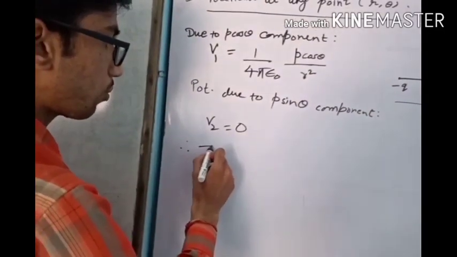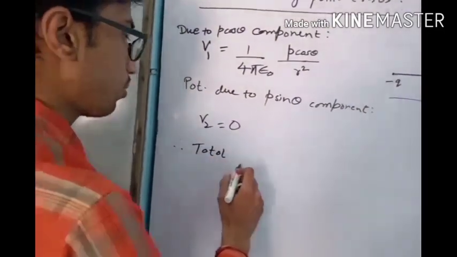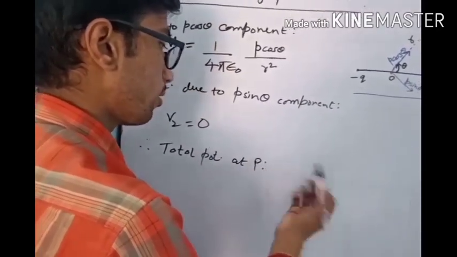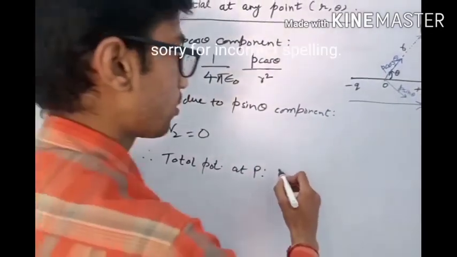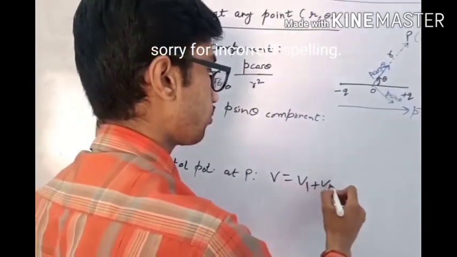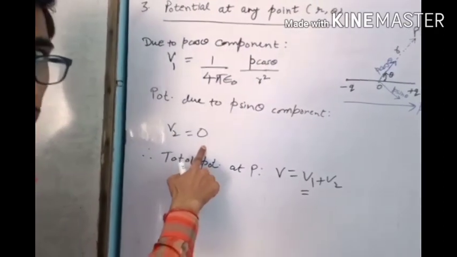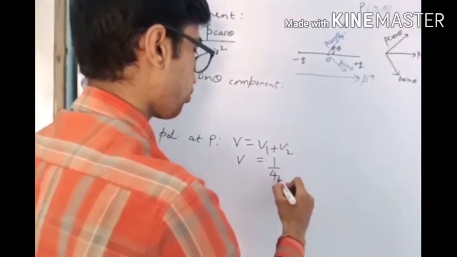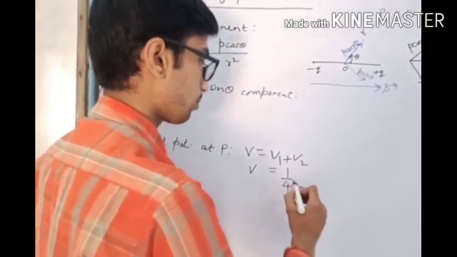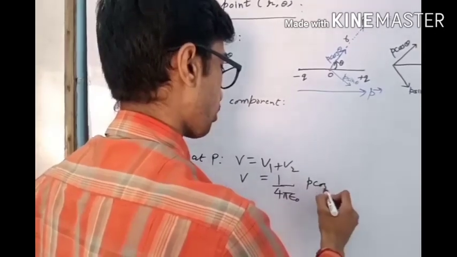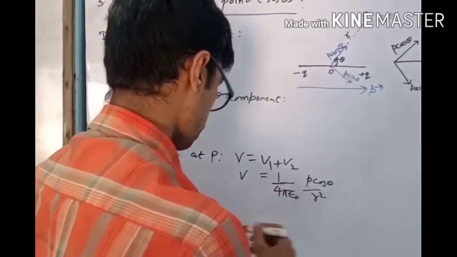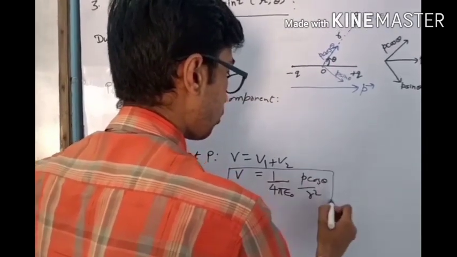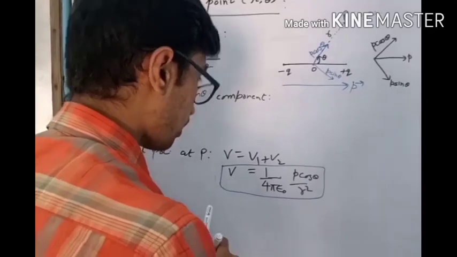Therefore, the total potential at point P is the sum of these two potentials, V equal to V1 plus V2. V2 is 0, so V is simply 1 over 4 pi epsilon naught P cos theta over r square. This is the electric potential at any point r, theta in a plane.